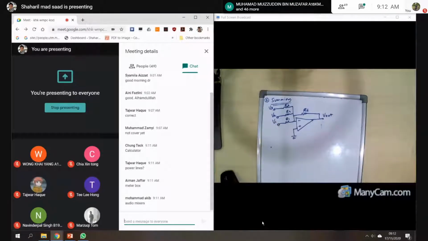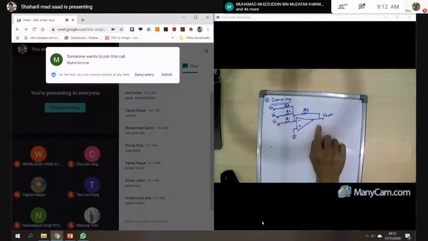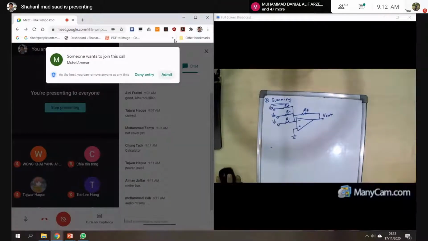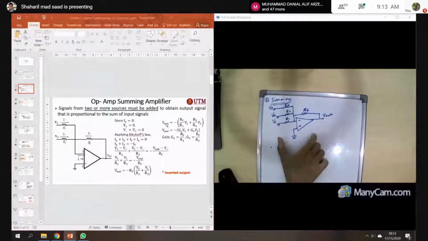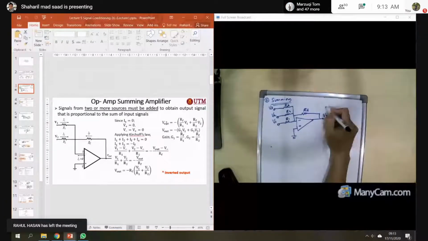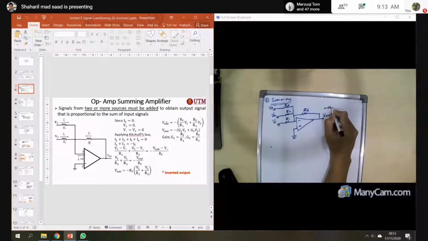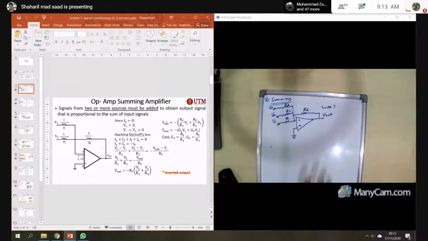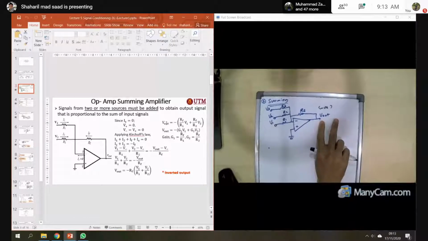How about the equation here? Because this summing circuit works like the inverting circuit, of course the output you will get here is negative. In order to get a positive output, you need to have another inverting stage.